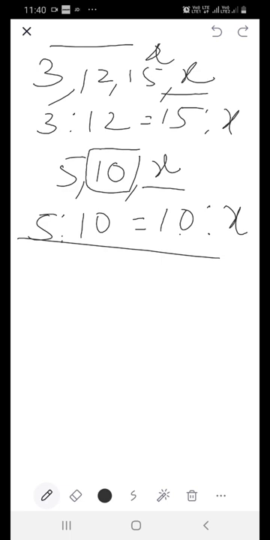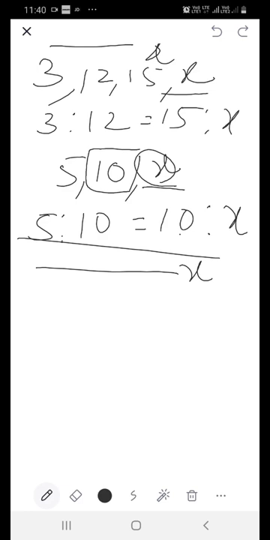Now in the fourth question you are asked to find the mean proportion. Let the mean proportion be x, and the mean proportion is in between the two numbers. The two numbers which are given are 5 and 80.